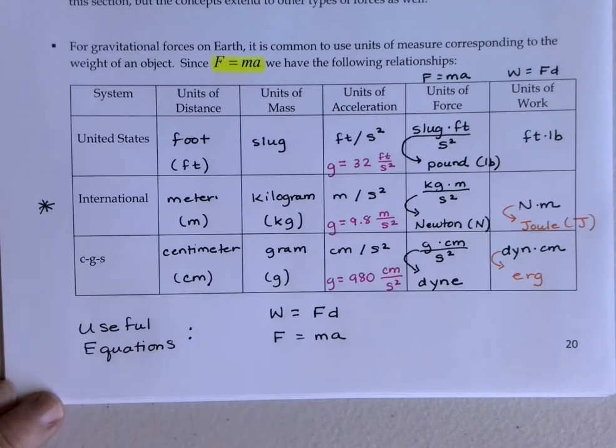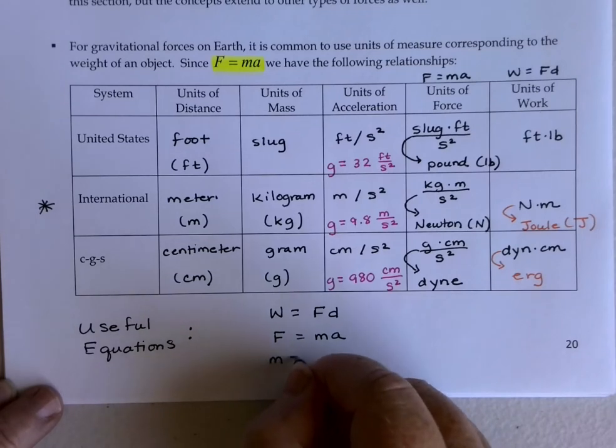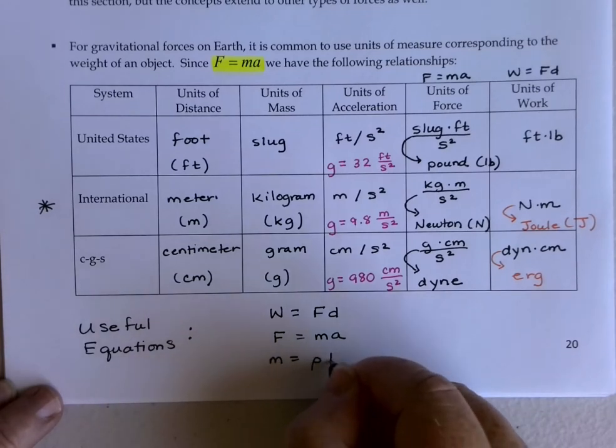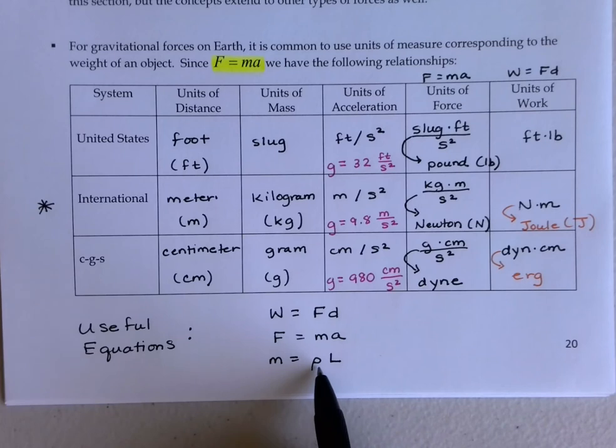And then I want to remind you of an equation that we used in the last video. Mass equals density times length, right? If you've got some kind of a thin bar, or a thin wire, or something like that, remember how we said last time, if you take the density times the length, that gives you the mass.